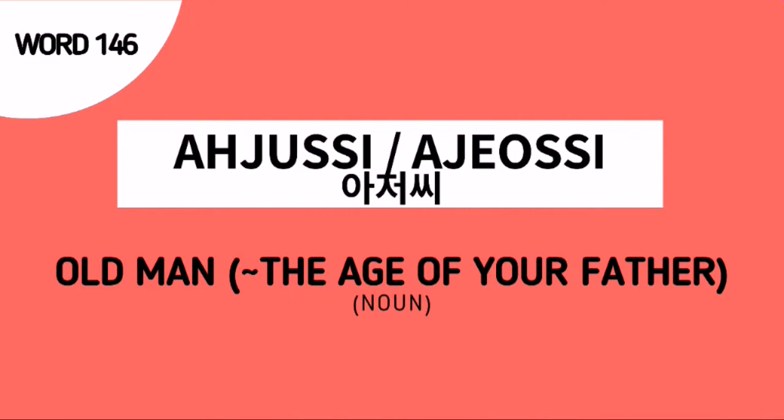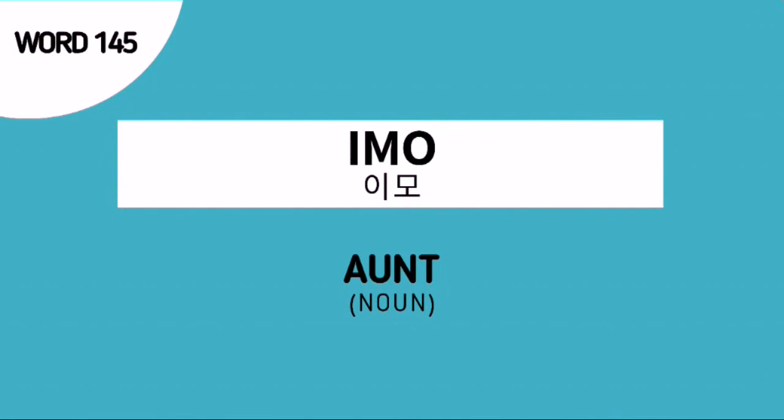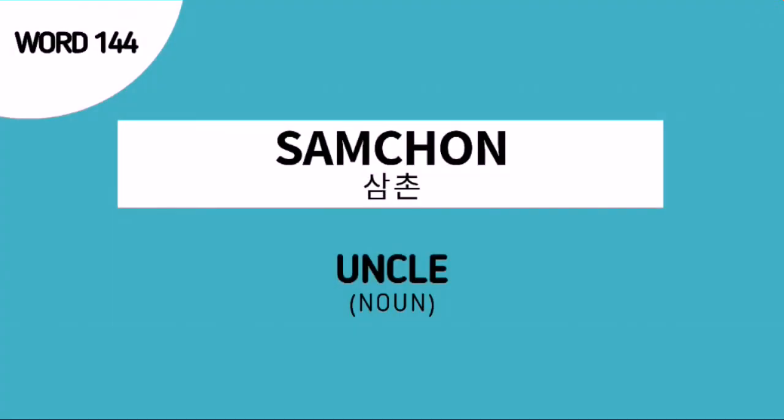Word number 146 is ajusi, and this is the Korean noun for an old man. Word number 145 is imo, and this is the Korean noun for aunt. And the last for our review, word number 144, samchon. And this is the Korean noun for uncle.